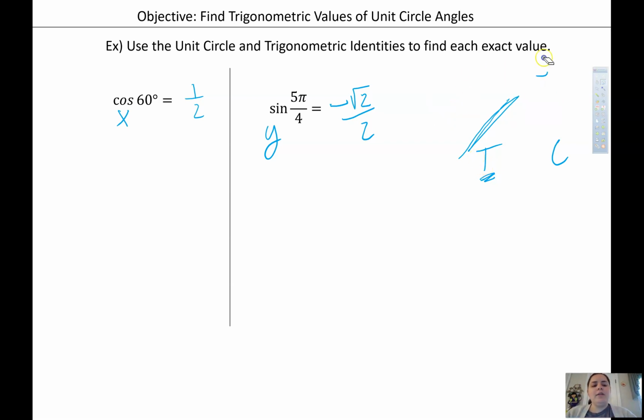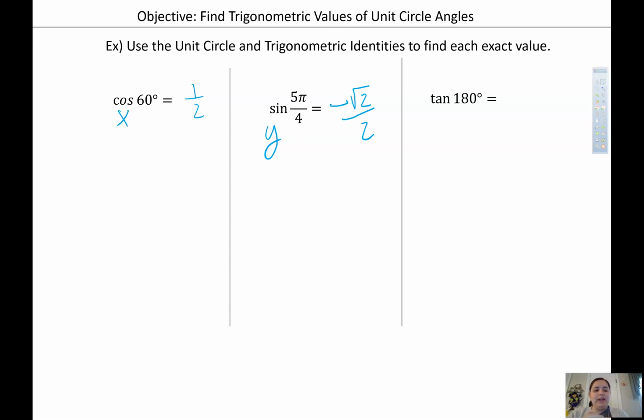Okay. Let me erase this. All right, then tangent of 180 degrees. 180, that's your pi. So if you think about this x-axis, your x is going this way. Left one, so this is -1, and then it's staying there, so y is 0. So -1, 0 is the point at 180. Cosine is -1, sine is 0.